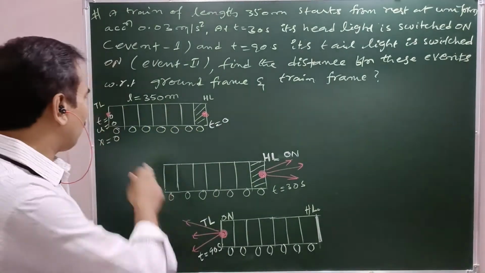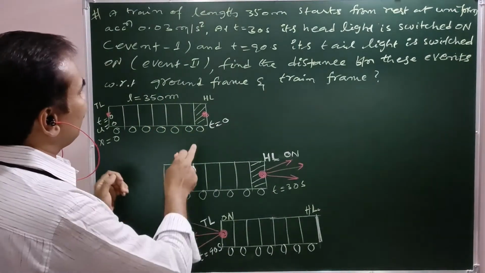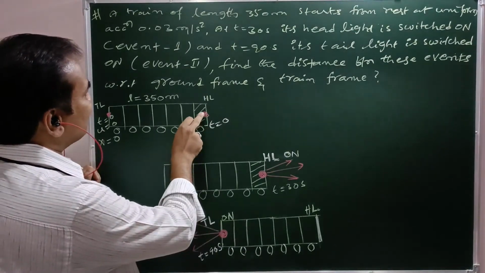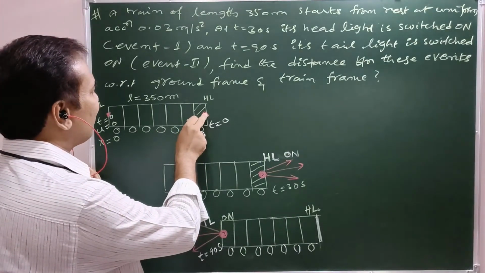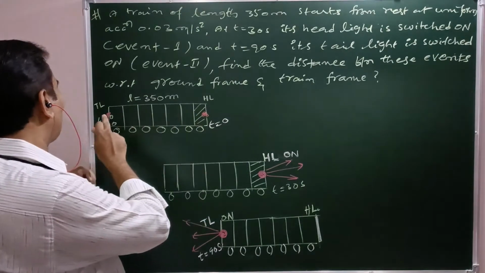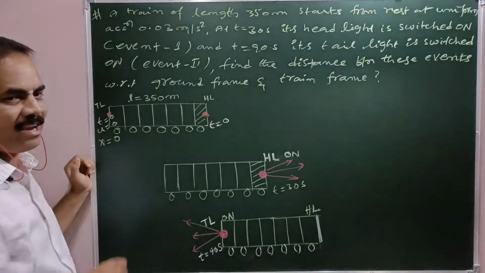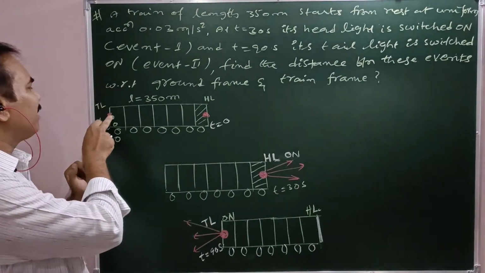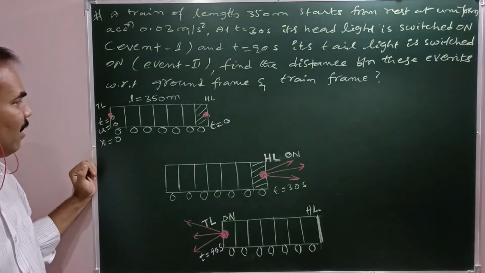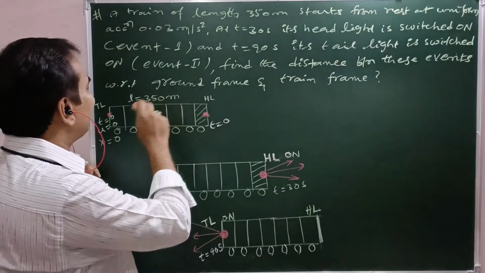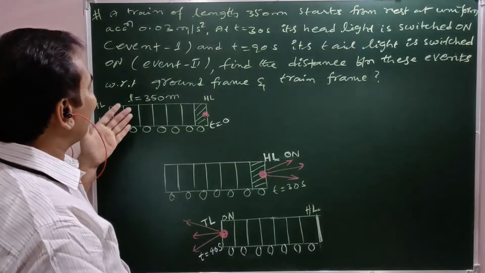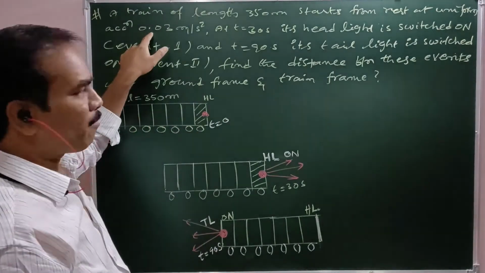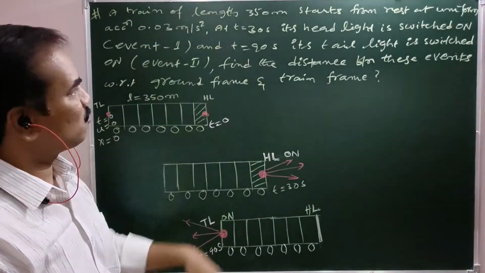So here we have one train. It has two lights. One is the headlight somewhere here in front of the engine. One more is the tail light, TL, which means tail light, laid behind the last compartment. Now what is the length of the train? 350 meters. It starts from rest and moves with acceleration 0.03 meter per second square.